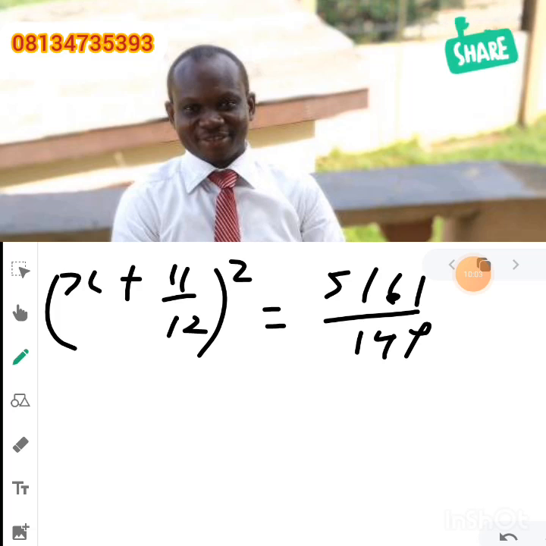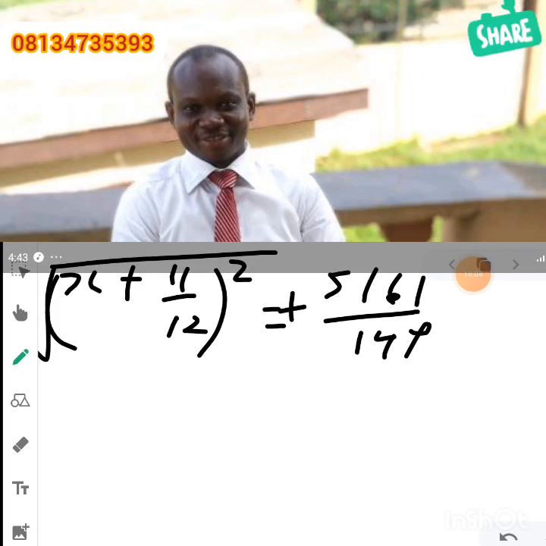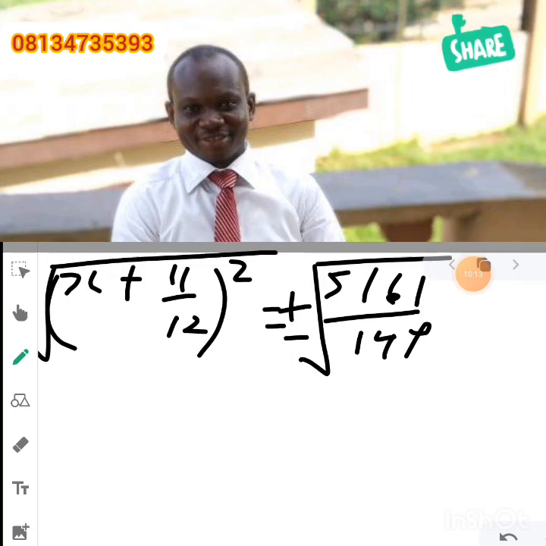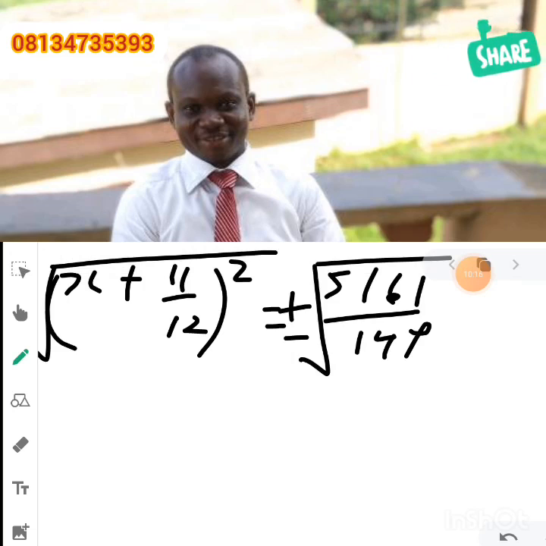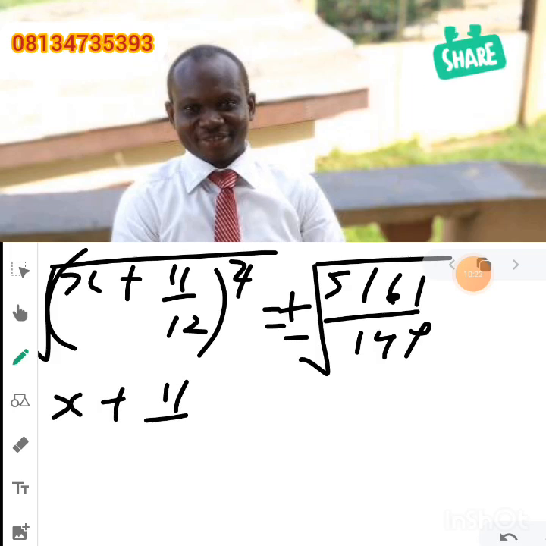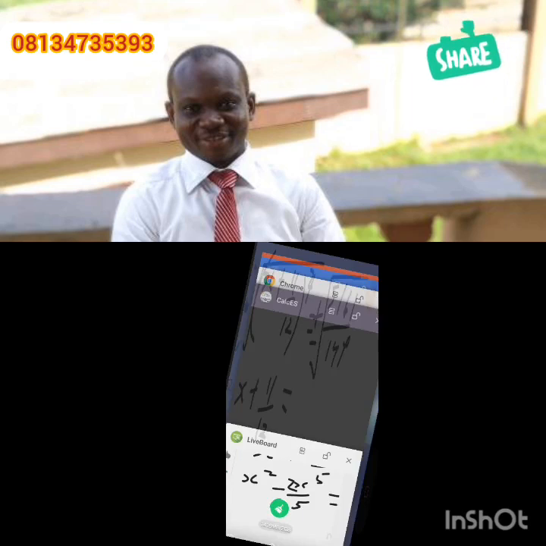Okay, we can take the square root of both sides. So we square root this, with plus or minus here, and then we square root this. So when we have that, this square root cancels this square, and we have x plus 11 over 12 equal to, now let's check if there is a square root for 5161.